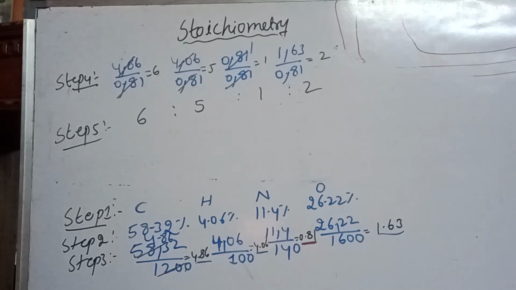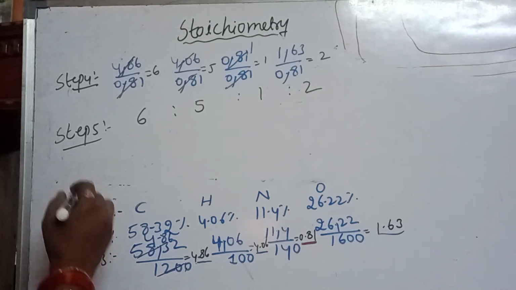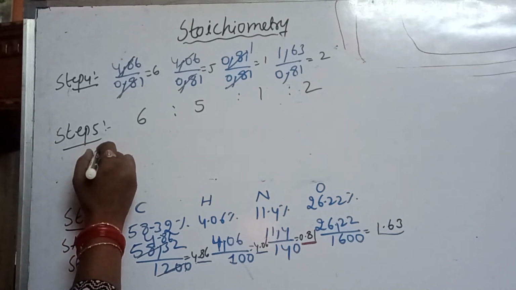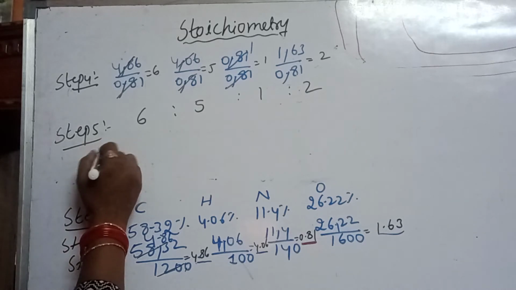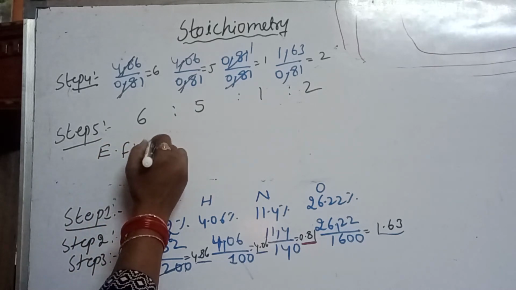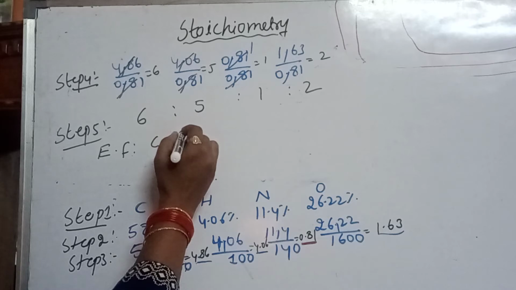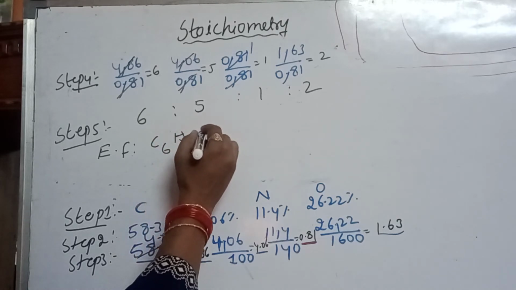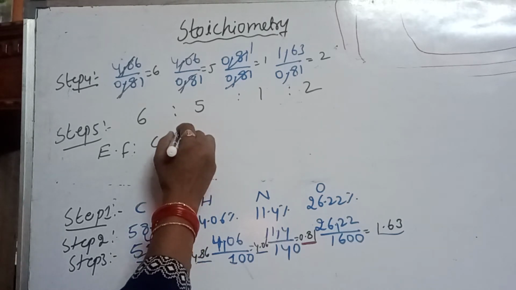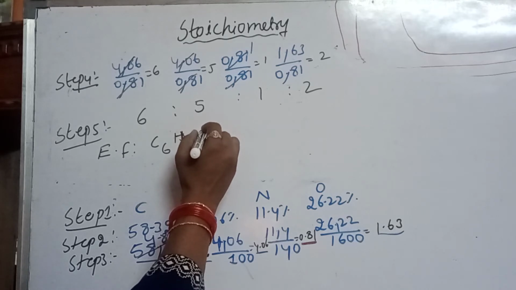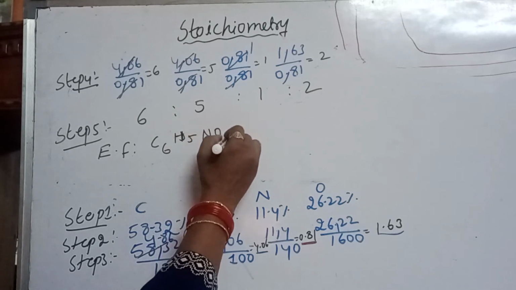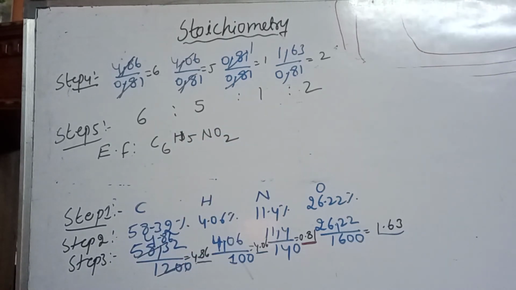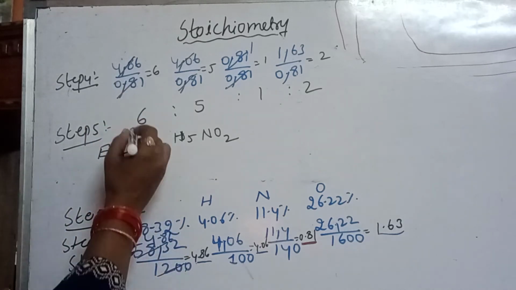From this we can write the empirical formula. The empirical formula is C6H5NO2. The number of carbon atoms is 6, so C6.